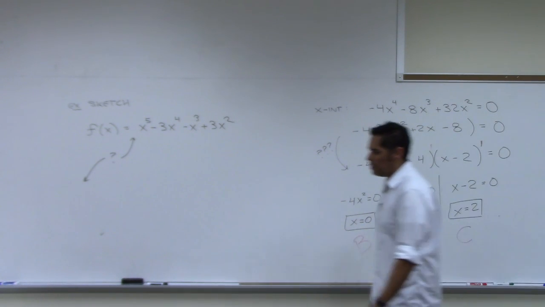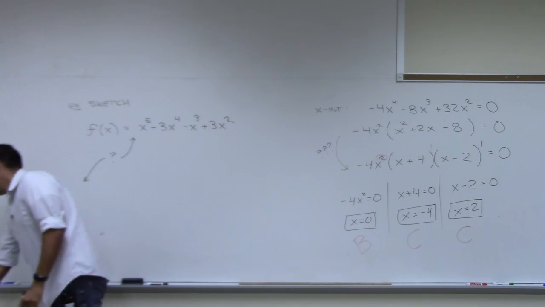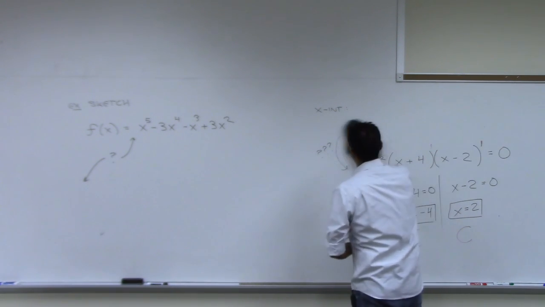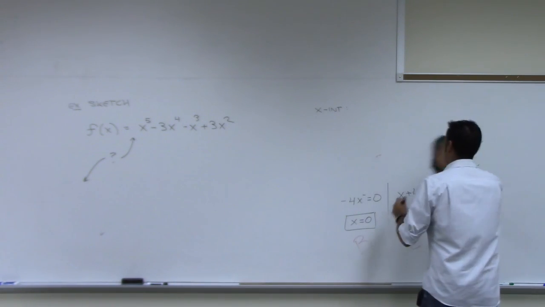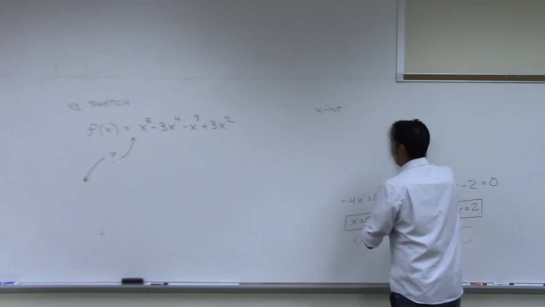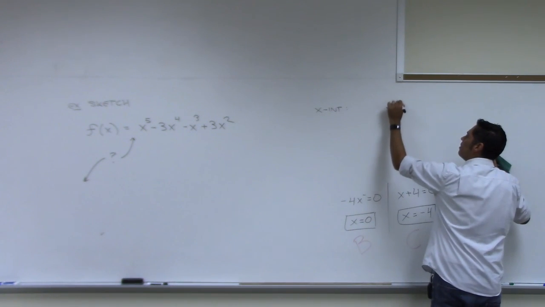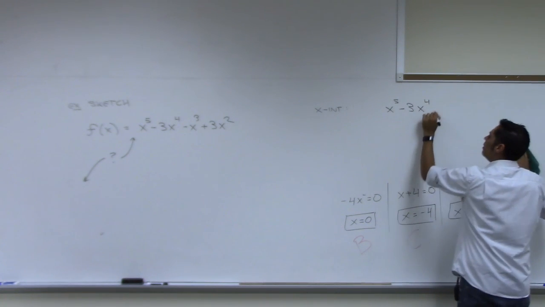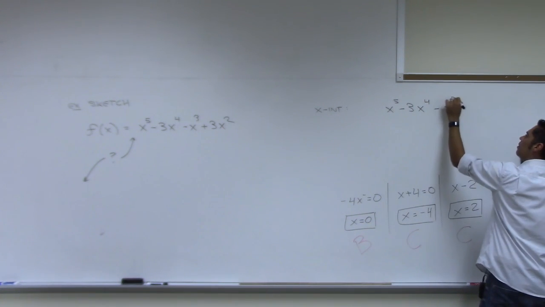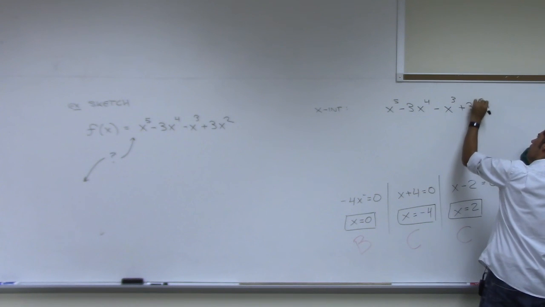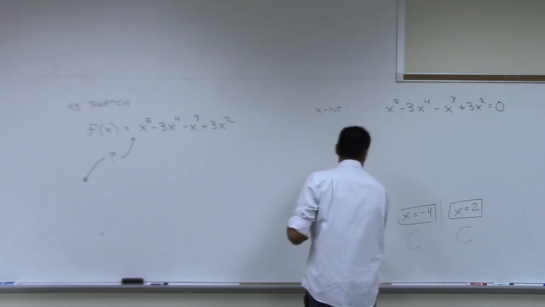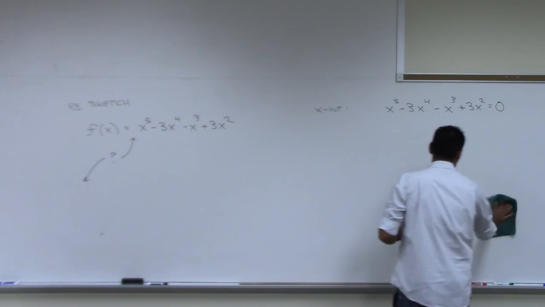All right, x-intercept time. x to the 5th minus 3x to the 4th minus x cubed plus 3x squared equals 0. That's how I find x-intercepts. I set the function equal to 0.